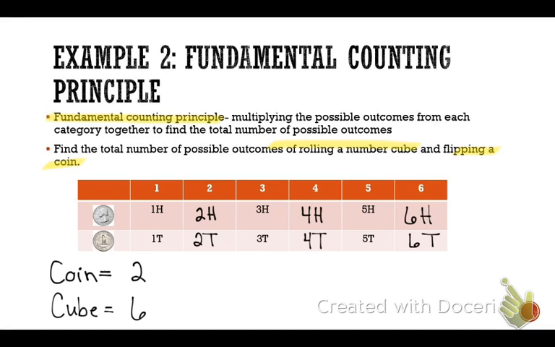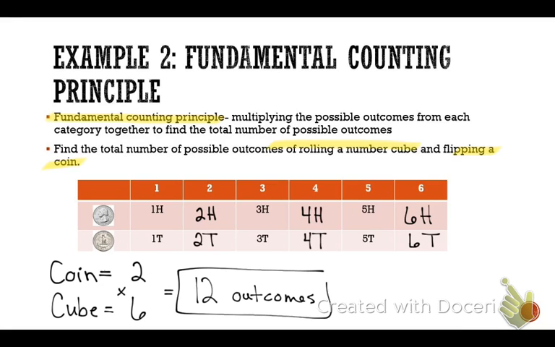And the fundamental counting principle says I can bypass having to list all the outcomes. If there are 2 outcomes for a coin and 6 outcomes for a number cube, I can multiply them together. 2 times 6 is 12 outcomes. We're going to reinforce this in the next example, and I think it'll make a little more sense.